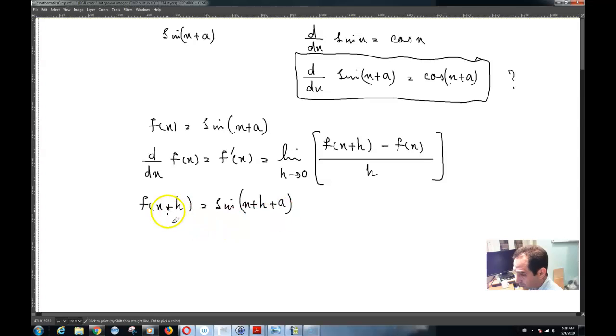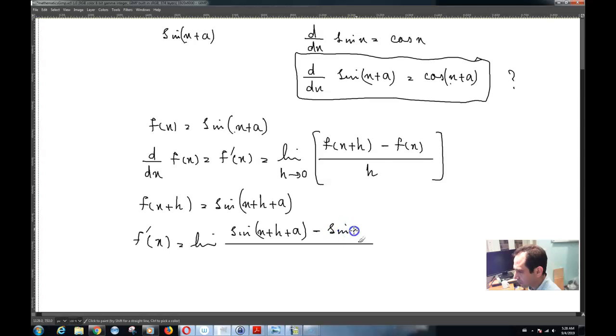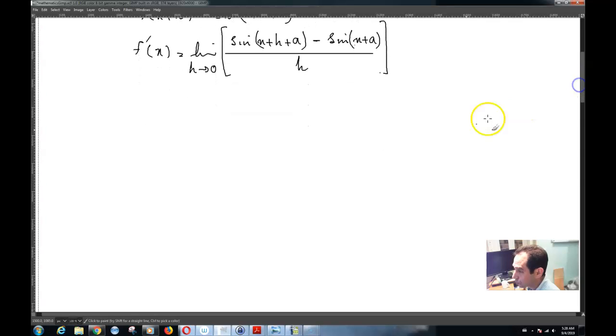So f prime of x would be equal to the limit of f of x plus h, which is sine of x plus h plus a, minus f of x, which is sine of x plus a, divided by h as h tends to 0. And now you need to just calculate this limit. There is nothing more to it than that.